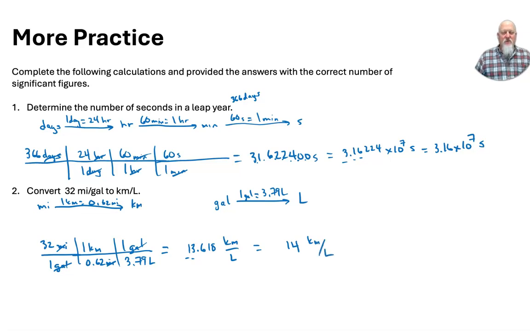So 32 miles per gallon is 14 kilometers per liter. So practice on these. If you're struggling with these, please come and get help. I know it's a little confusing to start. Use dimensional analysis to cancel units, figure out the conversions you need, plug them in. Right? Sorry this was so long.